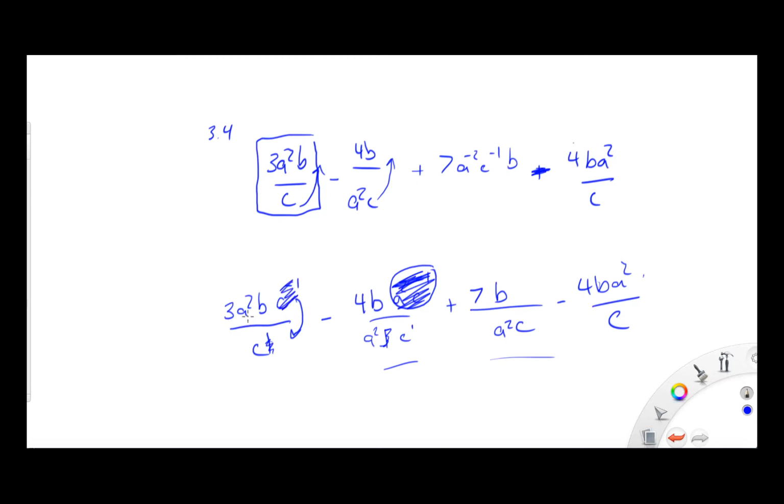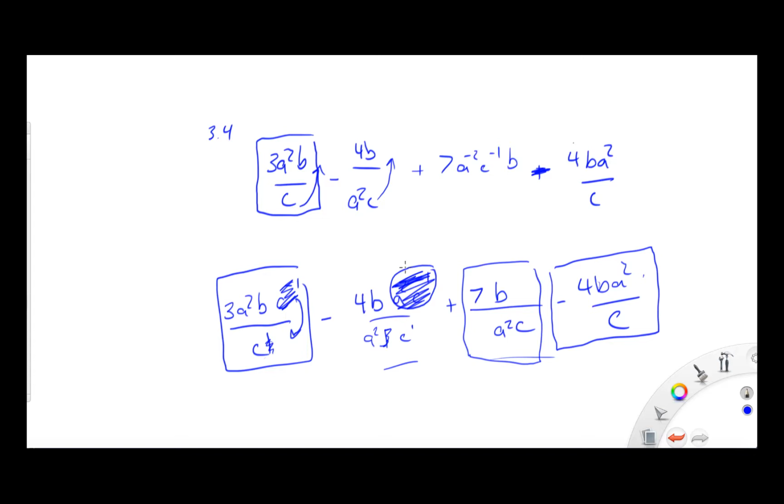Okay. 3a squared b over c, this term, and then 4a squared b over c, a negative 4. Those two terms can be subtracted. What about these two terms in the middle? Well, you can see that they are similar as well. You have a b on top in the numerator, the a squared c on the bottom. So essentially we want to combine these. So we're going to do this one and this one. Let's combine it, okay?